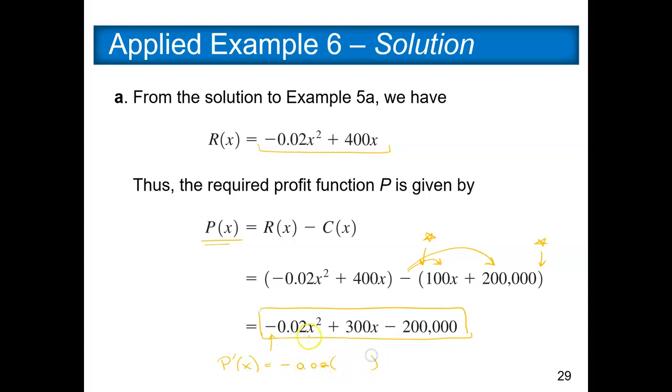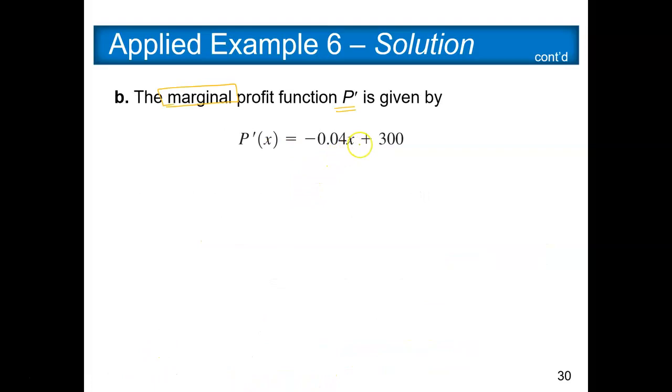I'm going to take the derivative of x squared using the power rule. I'm going to add that because I can add two derivatives together. And using the constant multiple rule, the derivative of x in the first is just 1. And then minus the derivative of a constant is 0. So we should see negative 0.04x plus 300 for our marginal profit.